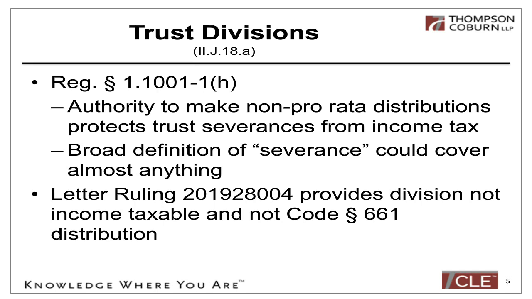All right, so also on the slide, there's a recent letter ruling that provides a division is not income taxable, and it was not a Code Section 661 distribution. So what does that mean? When a trust makes a distribution to a beneficiary, the distribution to the beneficiary will carry out the trust's distributable net income.